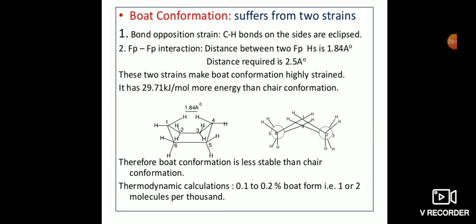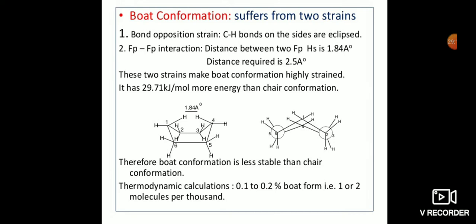This means all these conformations are interconvertible into each other, and the stable form we get more. So it is totally according to its stability. Therefore, boat conformation is less stable than chair conformation. This is the main reason. There are two strains. One is bond opposition strain, because of having an eclipsed structure, and the second one is flagpole interaction.